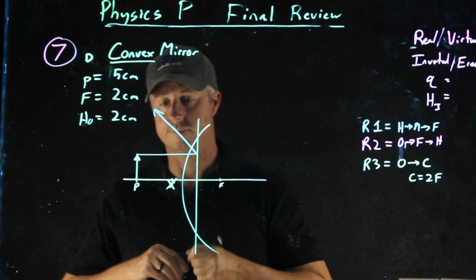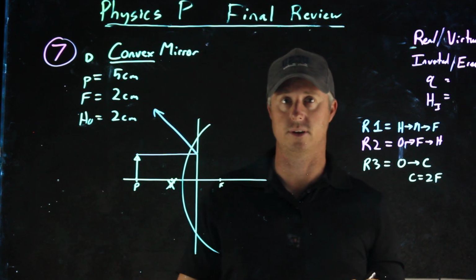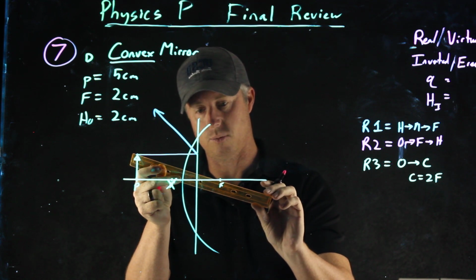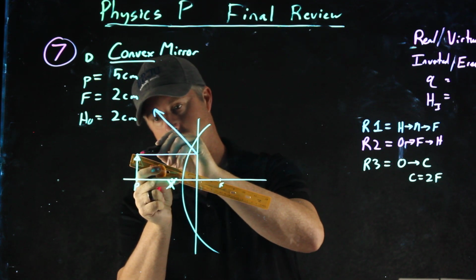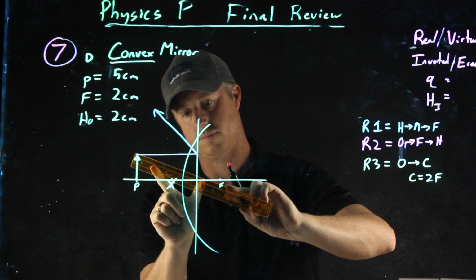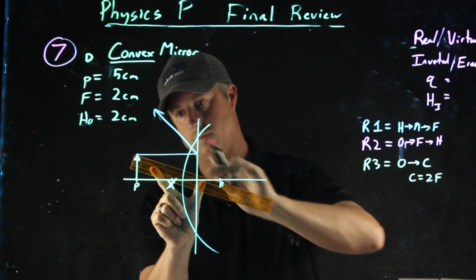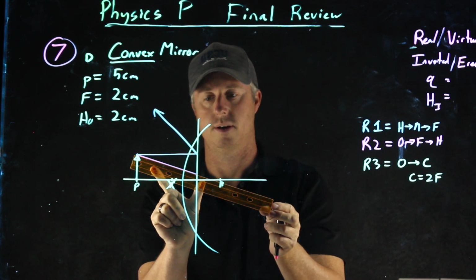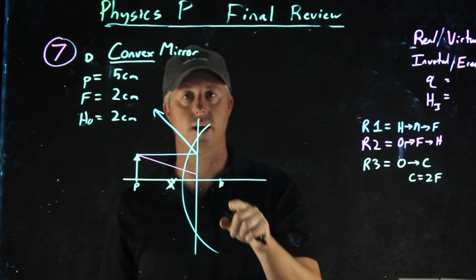Second ray. Second ray aims at the focus. Now with mirrors, we use only one focus. So I'm going to aim at the one that I was using. Bam. Now, don't continue this line.